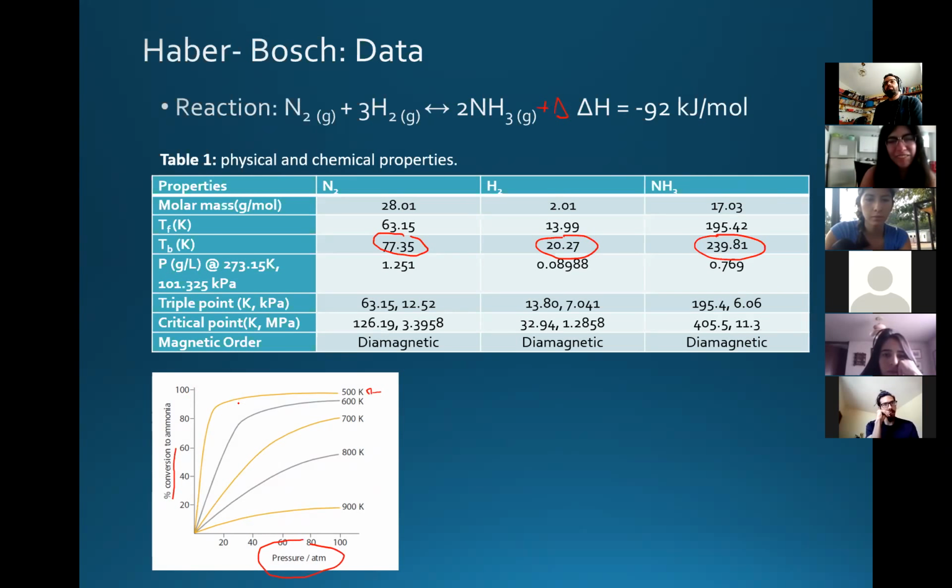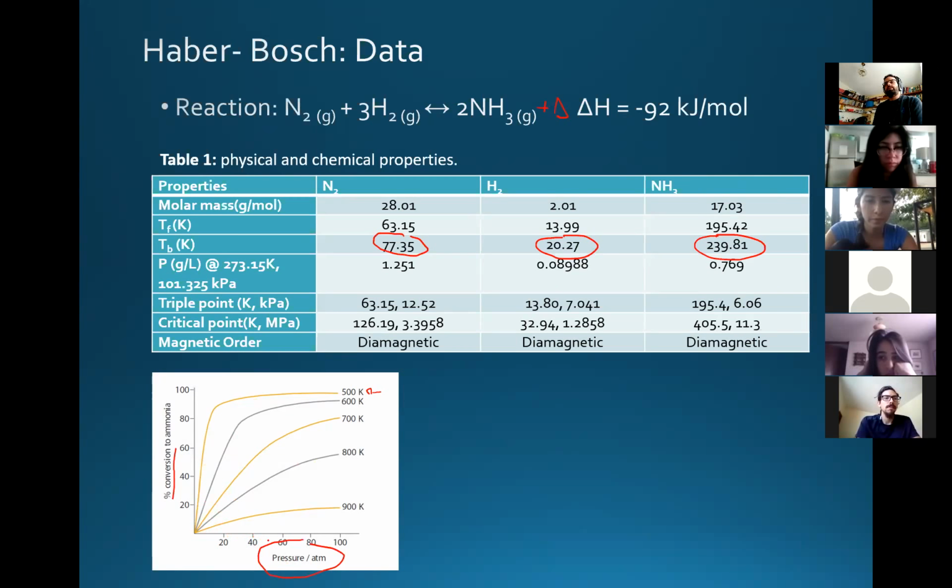But if you raise that temperature, the percentage of conversion starts to drop dramatically. We go from 95 to around 10% at 900 Kelvin, okay? And we can see the relation with the pressure too, right? If we have low pressures, we have a low equilibrium conversion, right?